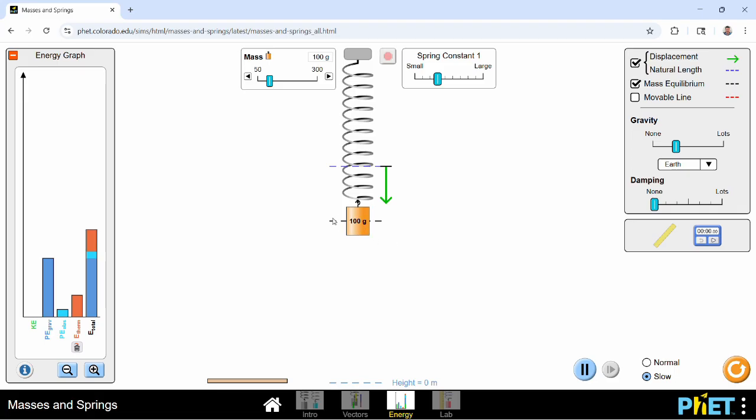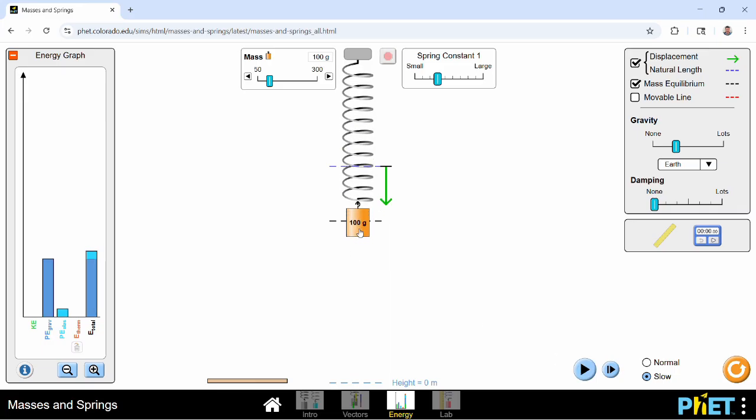So this combined mass equilibrium position, that's the position where the net force is zero. That's the equilibrium position. And that's the place where the combined gravitational and spring potential energy will be at a minimum. And you can see, let me pause the simulation, see what it does.